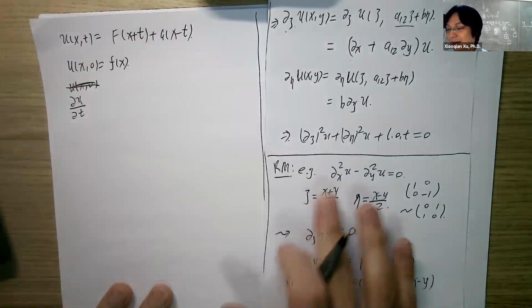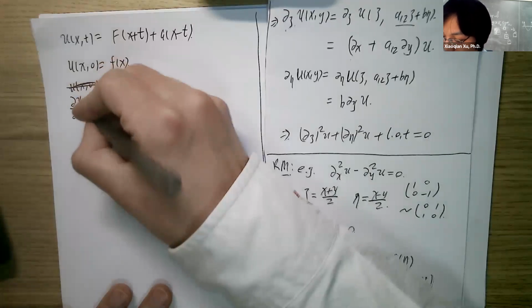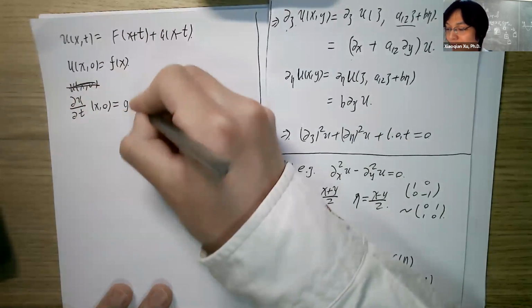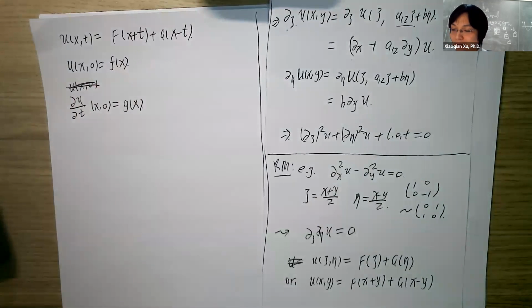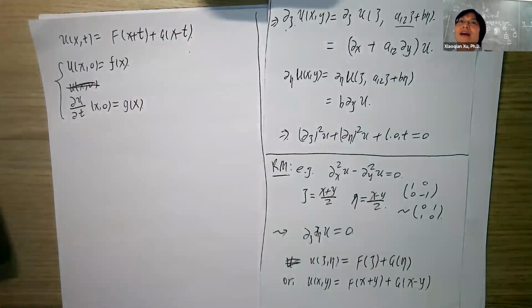Because this is like acceleration, you should know the initial position, the initial displacement, and the initial velocity, right? Based on these two pieces of information, we are able to find what f and g are, right?